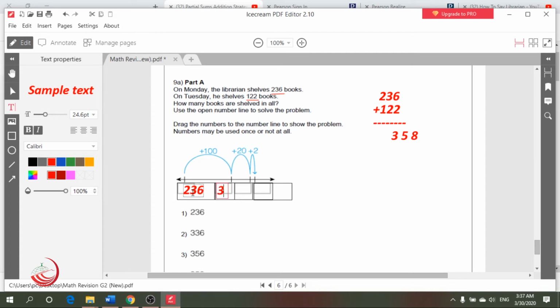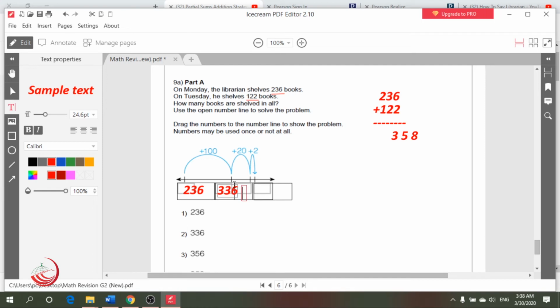Now the tens and the ones will stay the same because I didn't add anything on. So here I have 336. Now I will add 20 to the tens here.